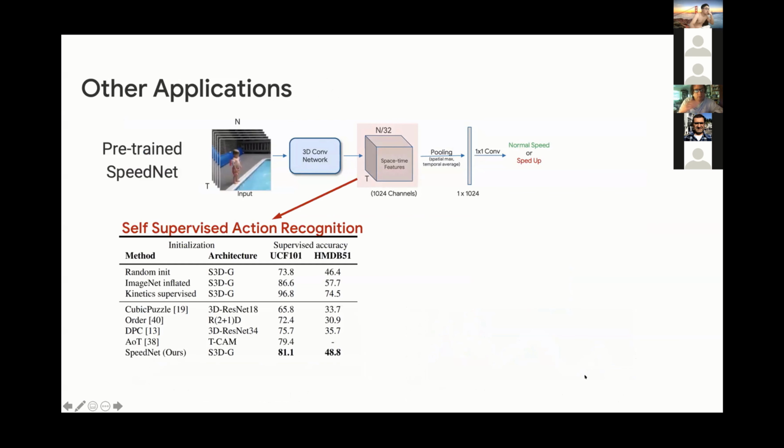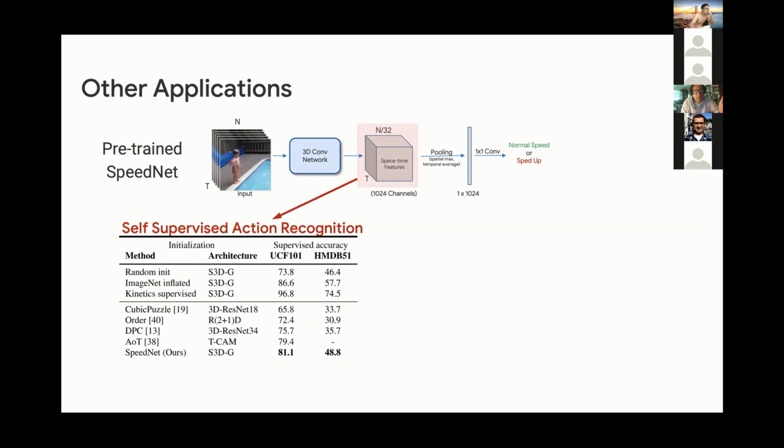And again, as with the arrow of time work, once the system is trained, it knows something at a high level about activities, and you can use this, again, as a pre-training for activity recognition. So here's the table showing results there. The work we just talked about before, the arrow of time work, is shown next to the bottom row, and it's almost the same performance. So really, it's very similar, the performance gain you get by forcing these networks to decide, is it going forward or backward?